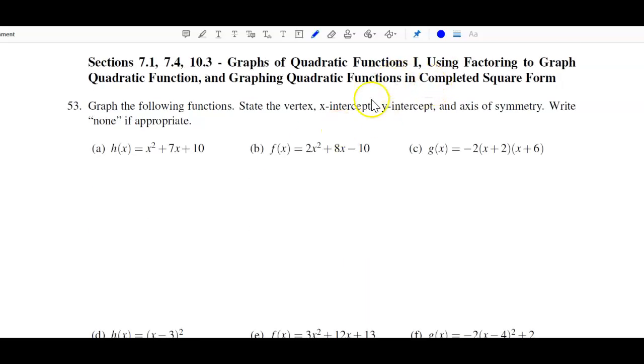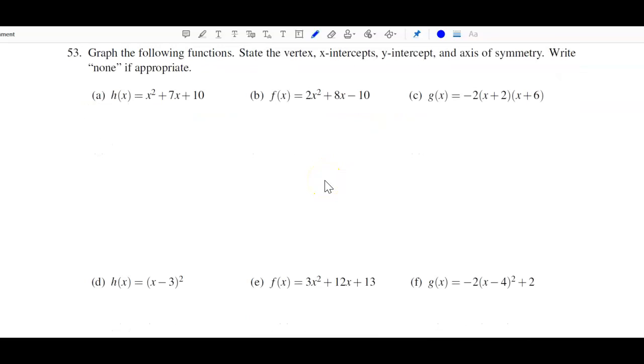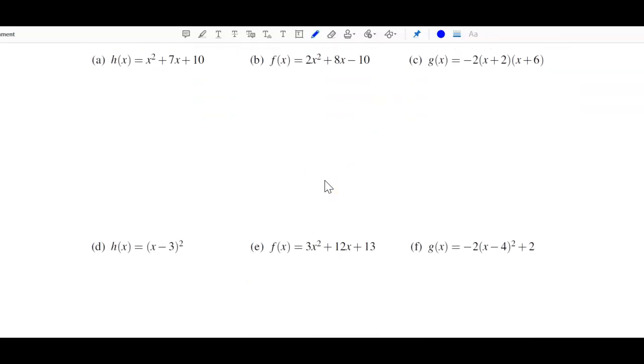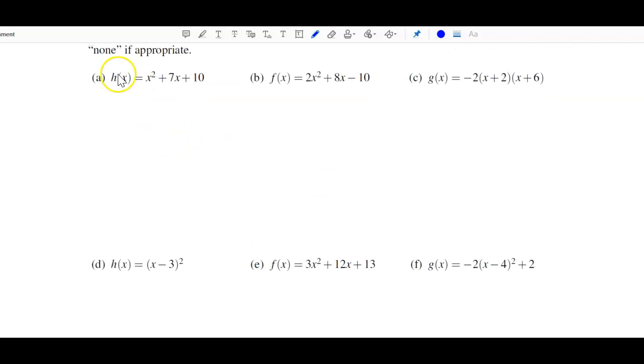We just got done talking a little bit about completing the square, and I want you to know how to take something from standard form, which this is, and change it into vertex form. And if you're going to change to vertex form, then you are going to use completing the square to do that.